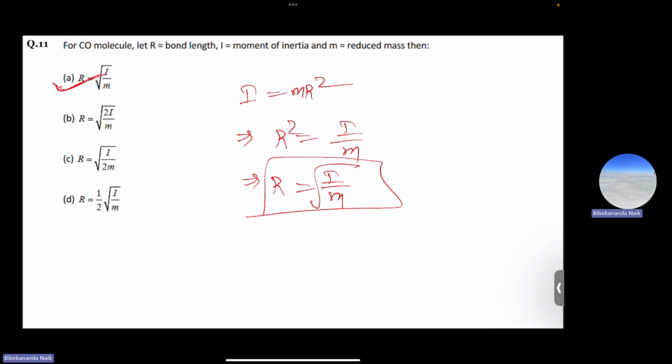So we will discuss a few more problems now, those problems that are based on rotational spectra.